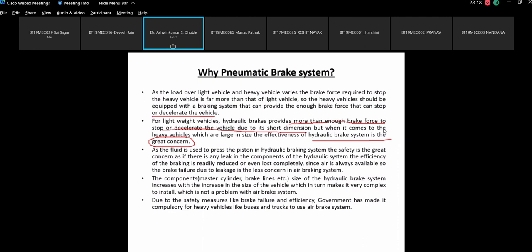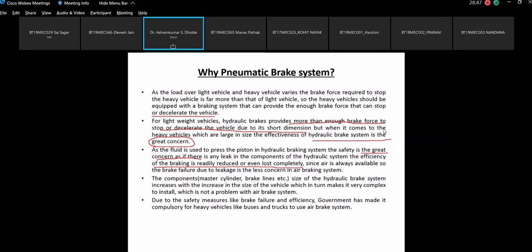As fluid is used to press the piston in the hydraulic braking system, safety is a great concern. Again, they are reiterating that safety is a great concern. If there is any leak in the components of the hydraulic system, the efficiency of braking is readily reduced or even lost completely. Because please note that in the hydraulic system you cannot top up immediately. You have to mechanically fill the hydraulic fluid.